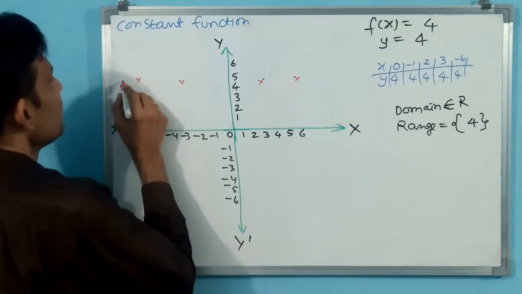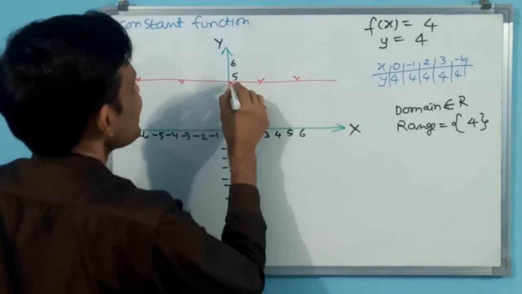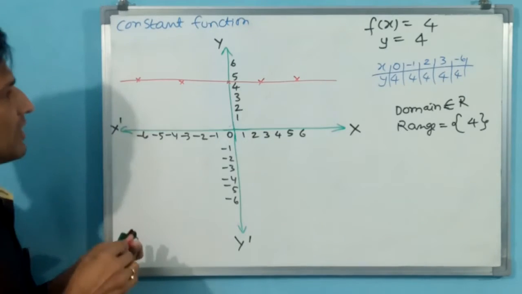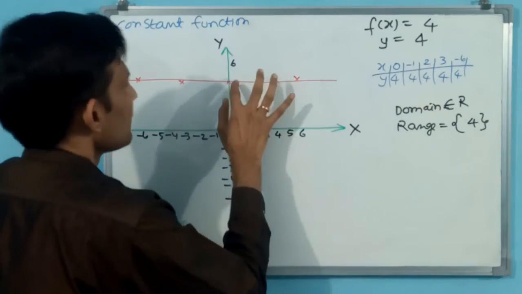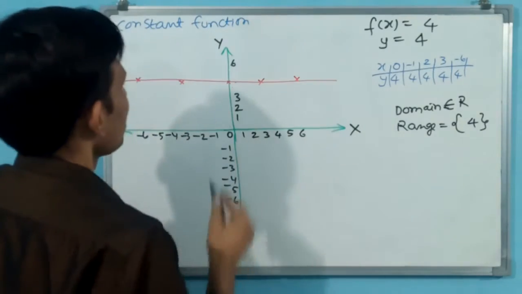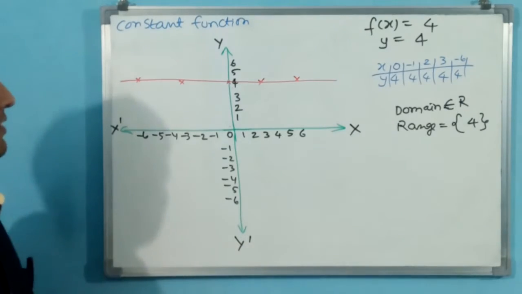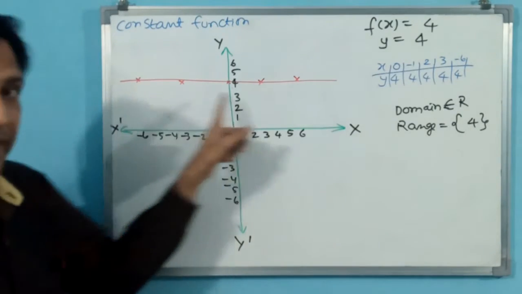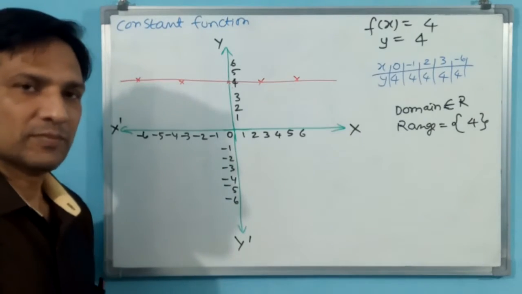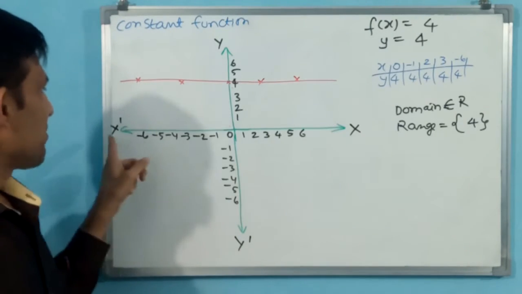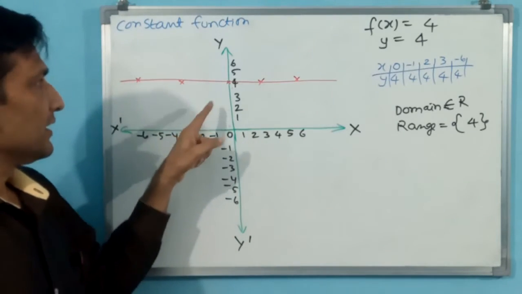That means if you draw the graph, a straight line parallel to the x-axis will come.